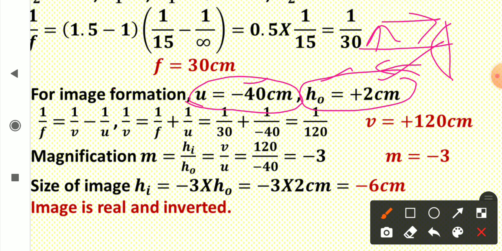Now, using the lens formula 1/f = 1/v − 1/u, we have to find v. So keep 1/v on one side and take the minus 1/u to the other side, where it becomes positive.